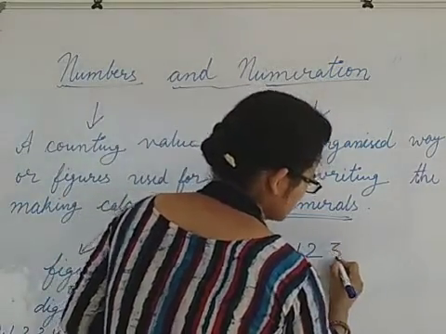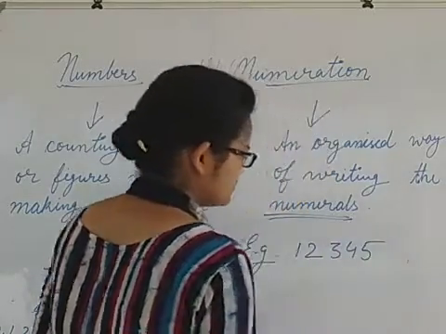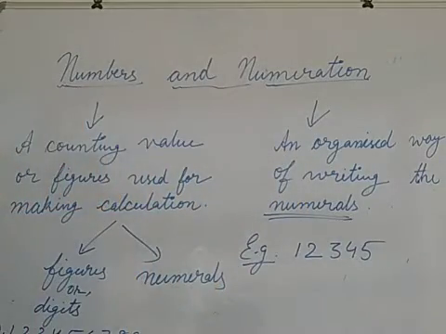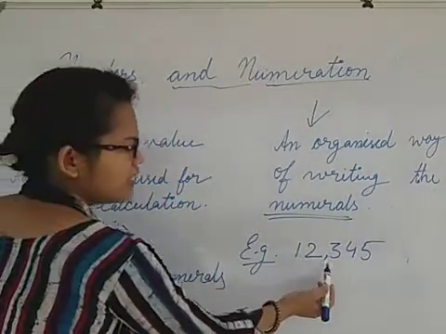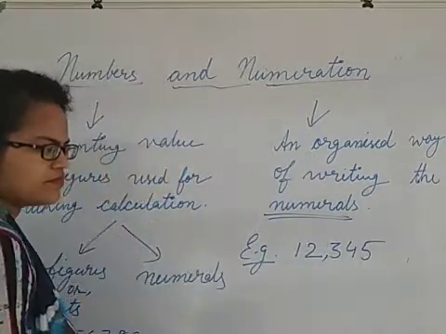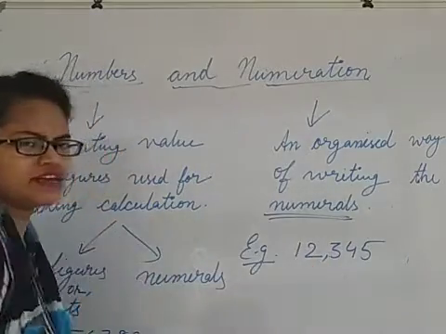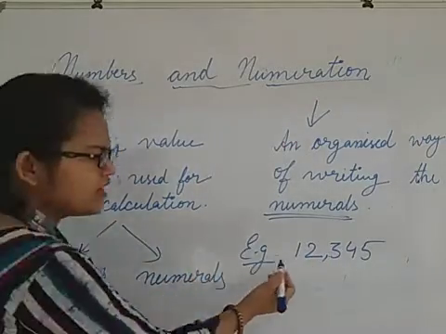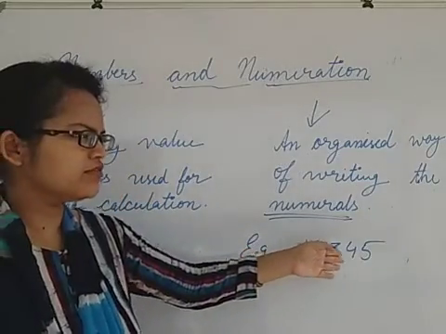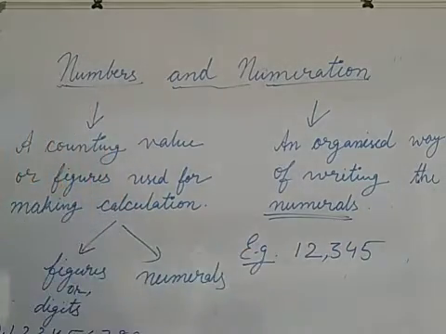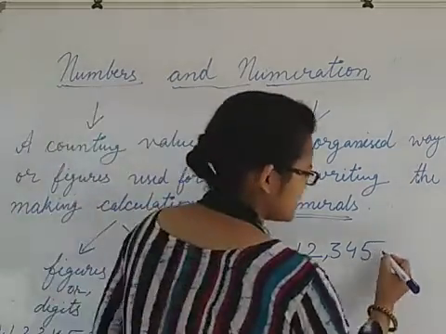Now take one example of it: 1, 2, 3, 4, 5. Collectively this number is 12,345. Here we have written this number in digits; 5 digits are here.